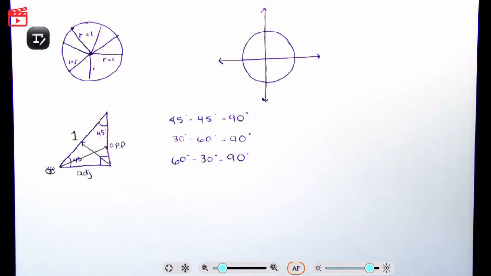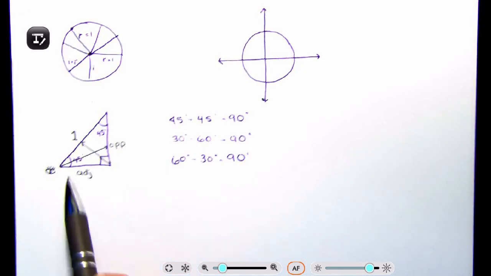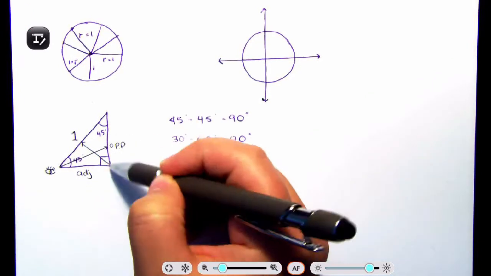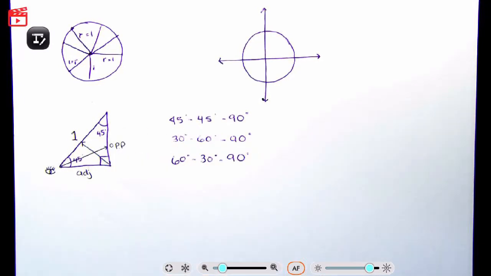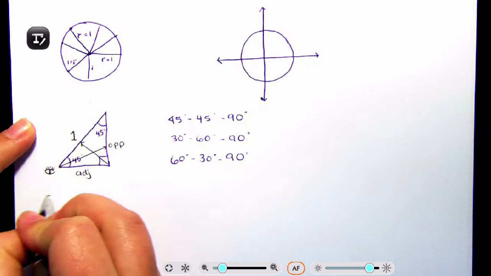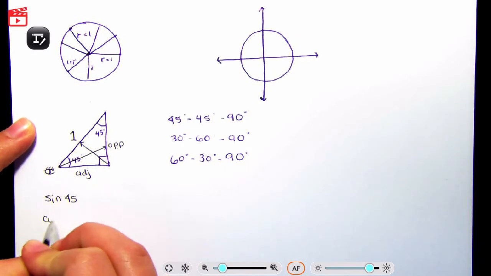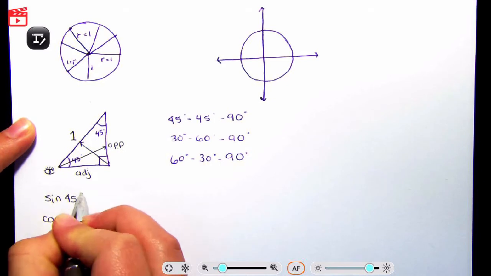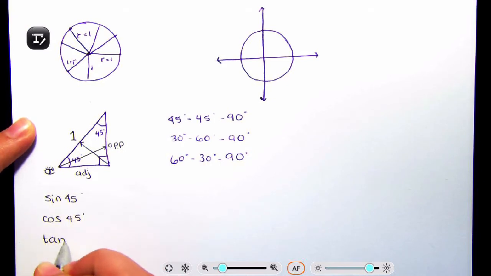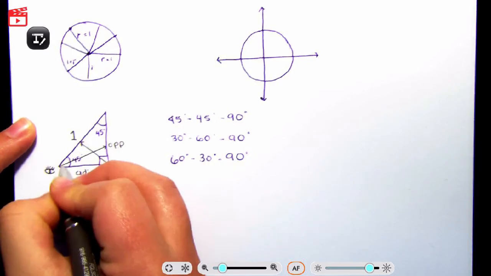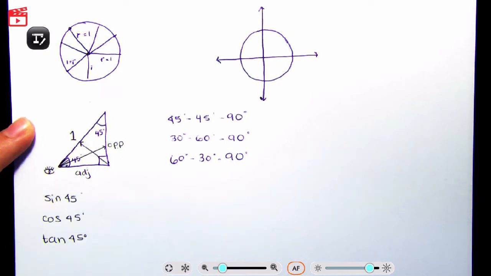So what do we know about adjacent, hypotenuse, and right triangle trig ratios? We know that this value here and this value here are like sine, cosine, and tangent. So let's talk about sine of theta, or in this case, 45 degrees, cosine of 45 degrees, and tangent of 45 degrees. Now again, this is our eyeball. This is the angle that we're looking through.